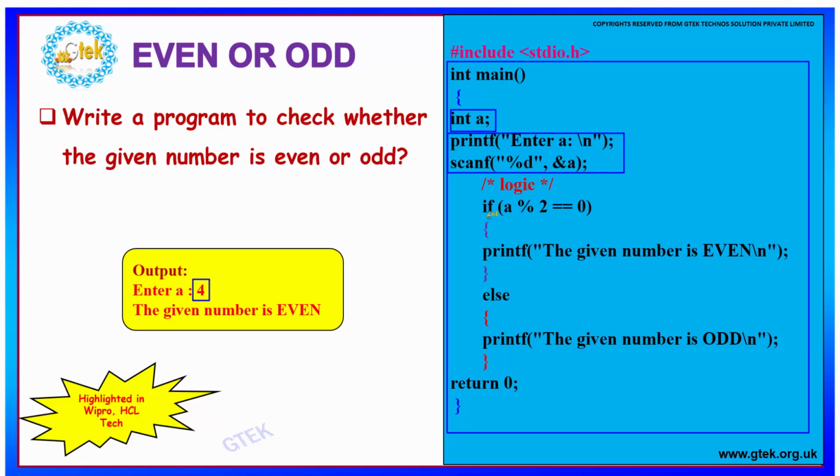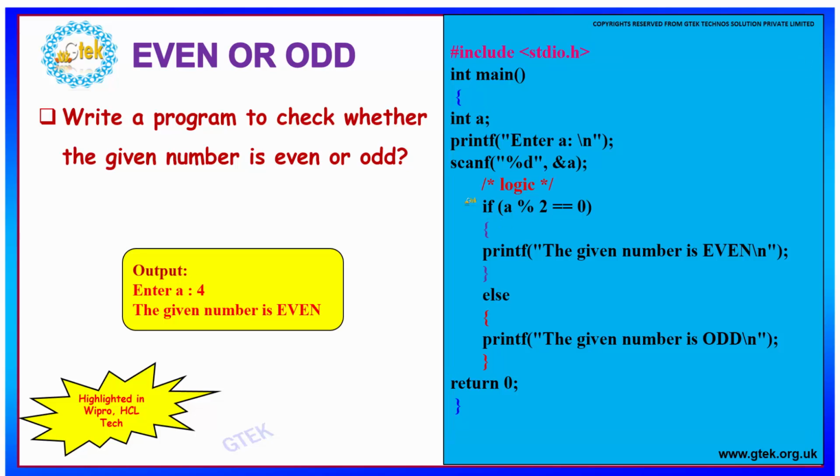Our next logic is, for a number to be odd or even, we have to check whether the number is divisible by 2. If a number is divisible by 2, then definitely it is an even number and all other numbers will be odd. So simply, if we divide the number which we have scanned by 2 and it gives the remainder 0, then the number will be even.